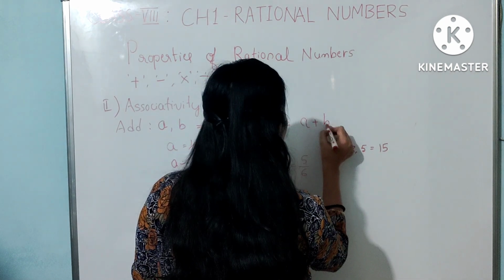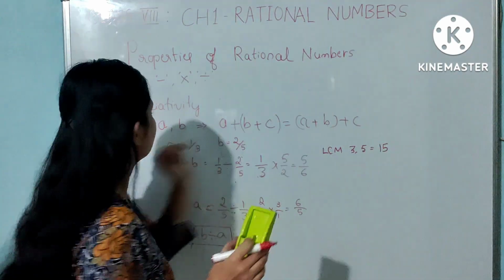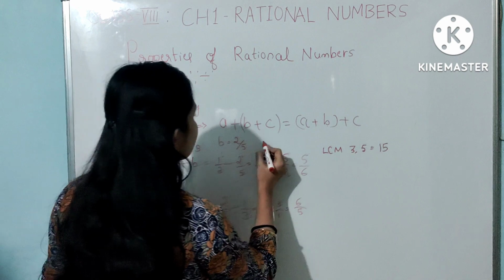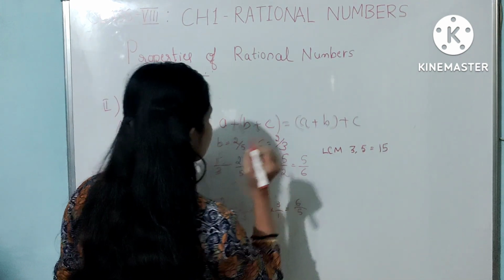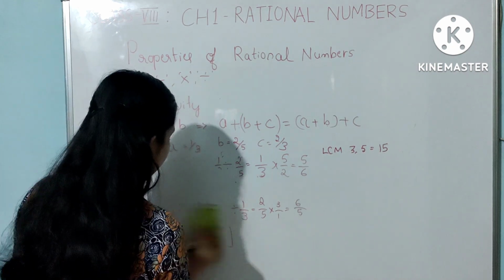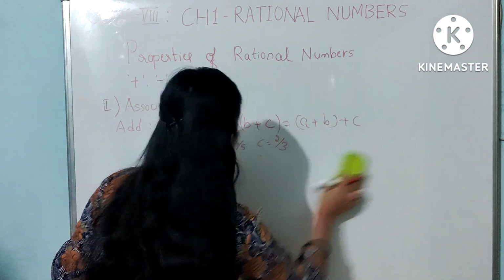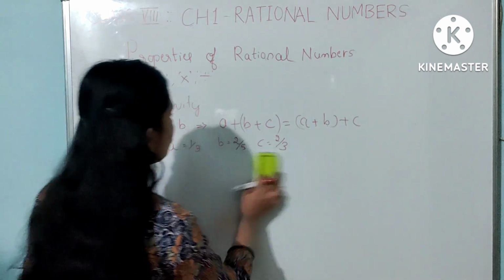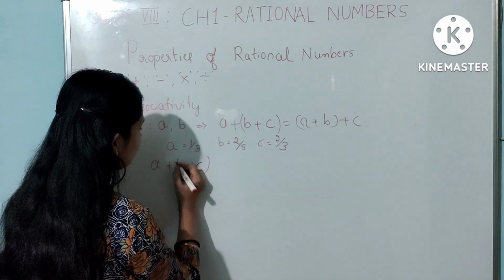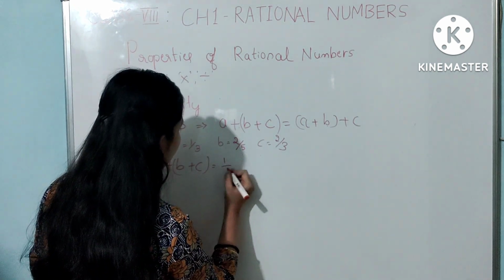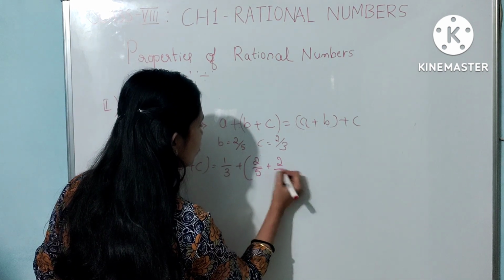We have to check the same thing, right? So we'll take c as another number, 2 by 3. First we have to calculate (a plus b) plus c. So the value is a is 1 by 3 plus 2 by 5, plus 2 by 3.